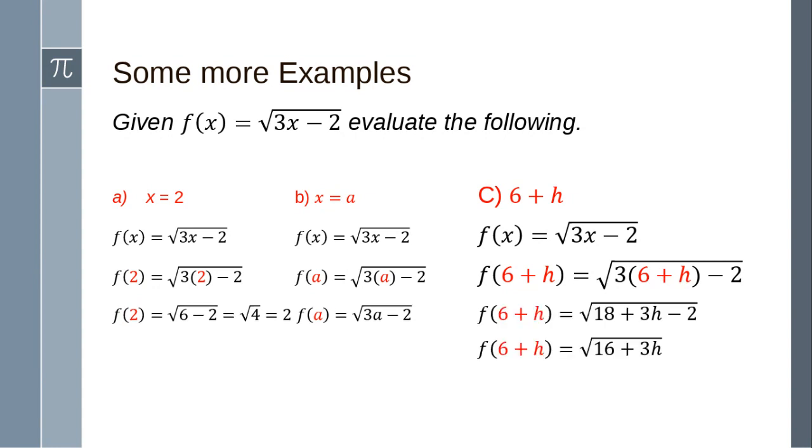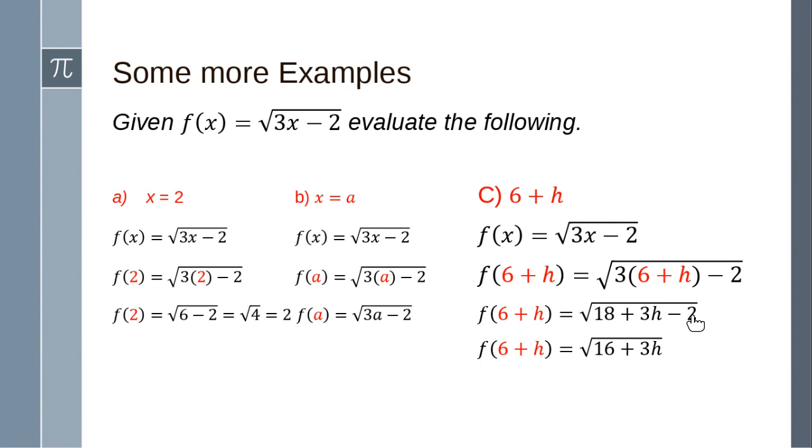All right, so then 3 times 6 is 18, and 3 times h is 3h, and I have just a minus 2 here. So I'm going to combine my like terms. So I have two like terms, which is I have two constant values that don't have a variable associated with. I have this 18 and the negative 2.